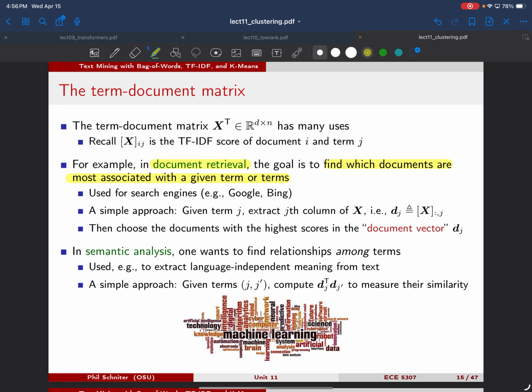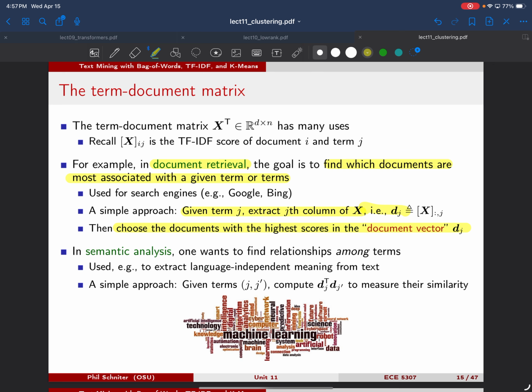And so if we had this term document matrix and we wanted to do this, it's very easy. For term J, you would just extract the jth column of this matrix. And that's going to give you a vector. And you just choose the documents with the highest scores in that vector, right? That's just one application of the term document matrix.